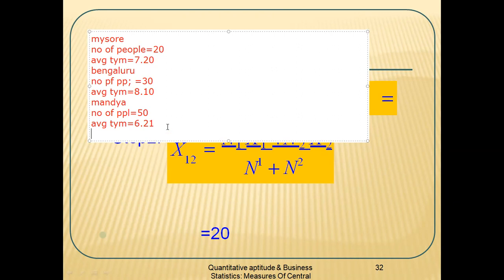The answer should be yes or no. That means here three different cities are given, Mysore, Bangalore and Mandya, and they have given the average time taken of three different places. Now they're asking the overall average time taken. That means we should calculate combined arithmetic mean. The answer is yes.